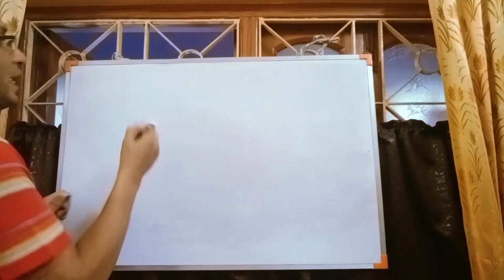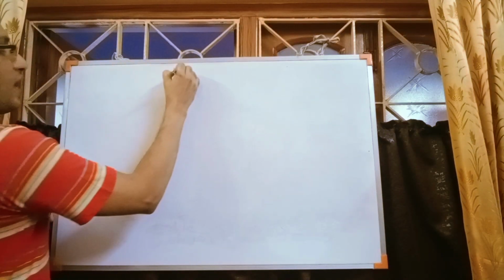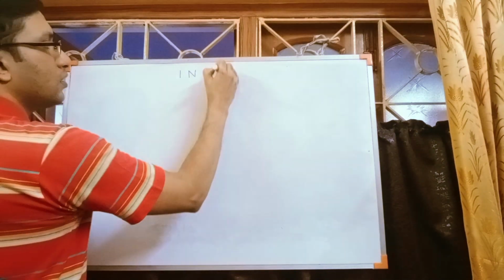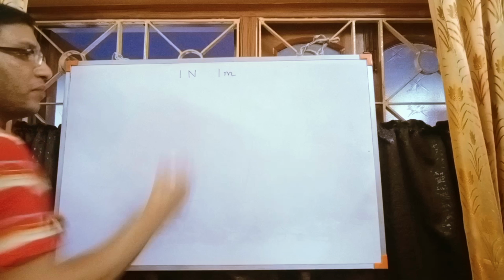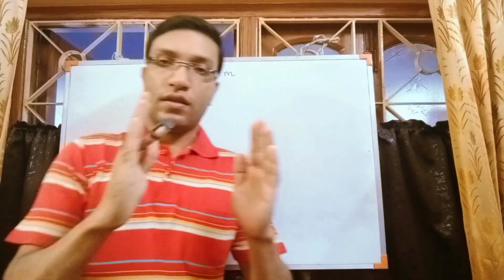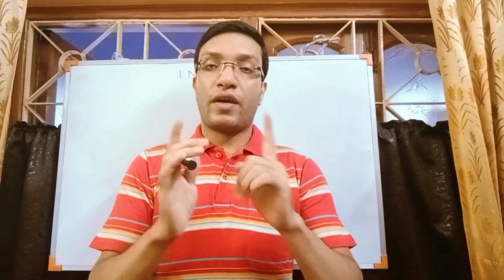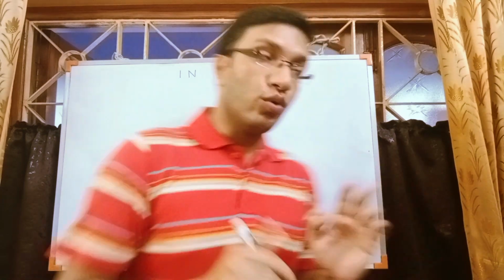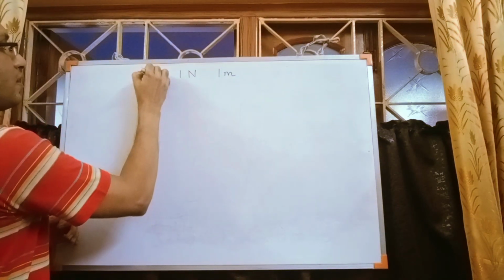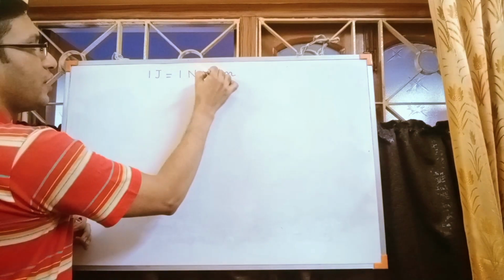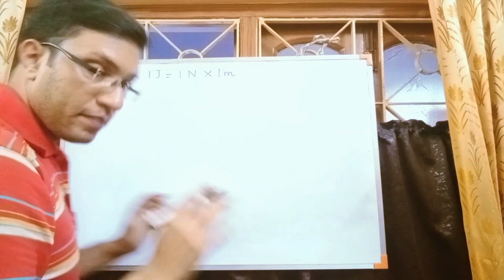If we apply 1 Newton force on a body and the body gets displaced by 1 meter in the direction of force, then work done is said to be 1 joule. That means we can write 1 joule is equal to 1 Newton into 1 meter, right?